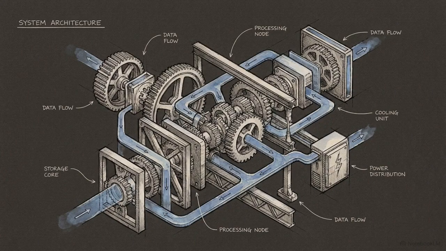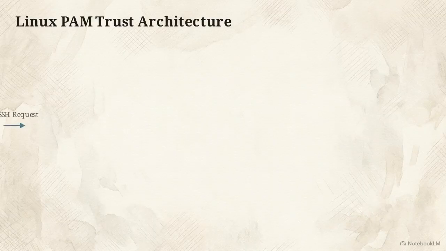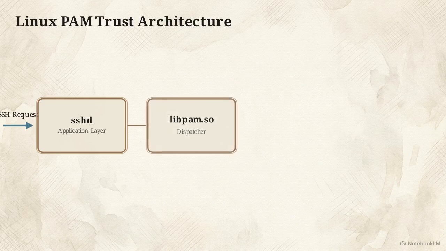To understand the subversion, we first have to look at the execution flow of a legitimate Linux authentication request. PAM decouples privilege-granting applications from the actual mechanism of verifying a user's identity. As shown in this diagram, when an incoming SSH request hits the server, it first connects to the SSHD process. SSHD does not check the password itself.